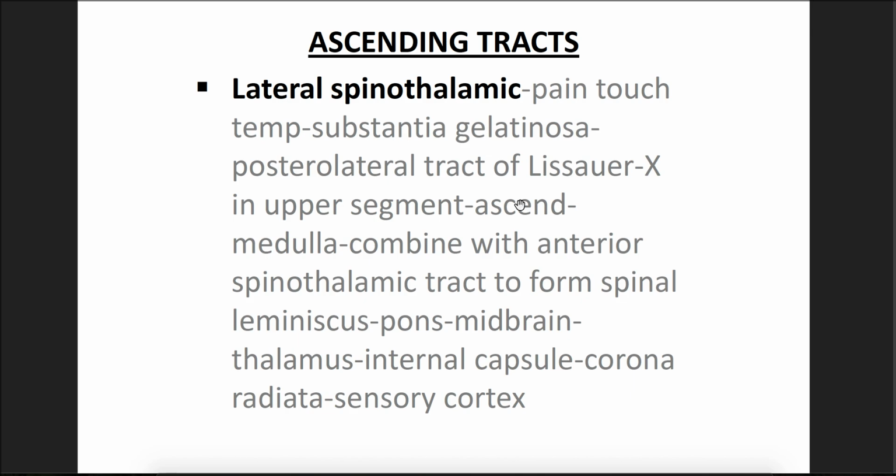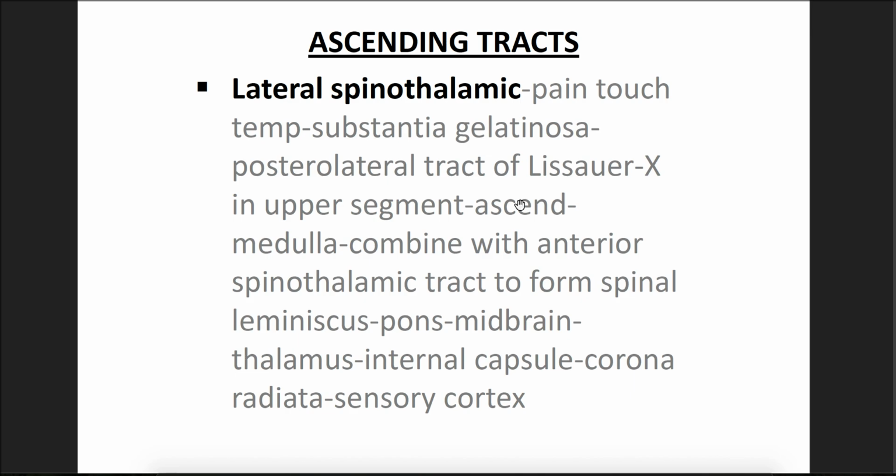Now, an important tract of the ascending group of tracts is the lateral spinothalamic tract. And this is concerned with bringing in information regarding pain, touch, temperature. The nucleus for this in the posterior horn is substantia gelatinosa.